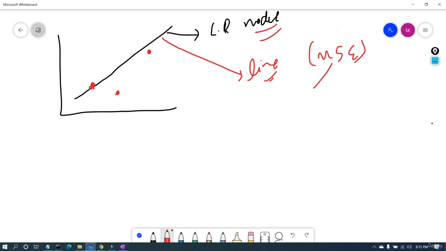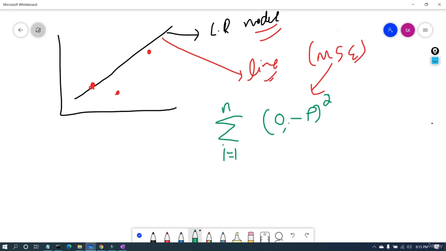So firstly, we will compute MSE. How is this MSE computed? Let's see. MSE is computed by this formula, which is the summation, and first of all, we take the observed value minus the predicted value, whole squared, and this goes from i equal to 1 to n, the number of data points.